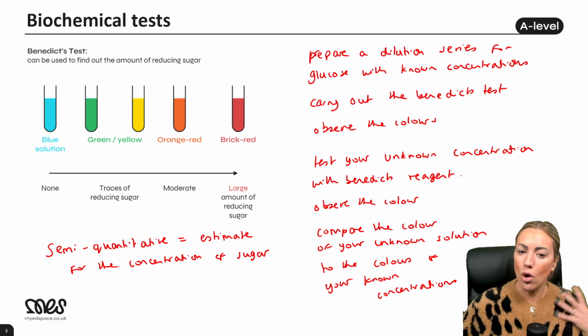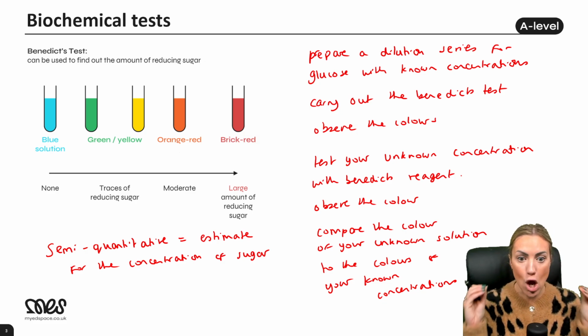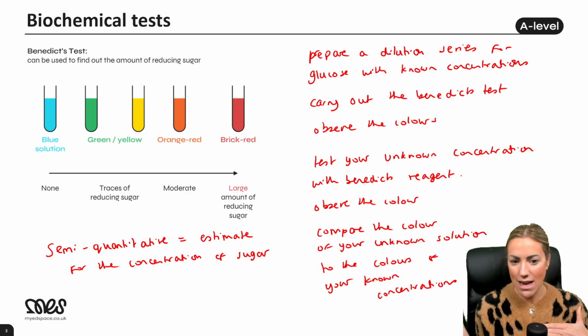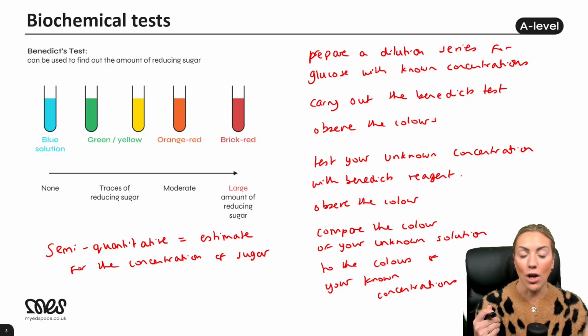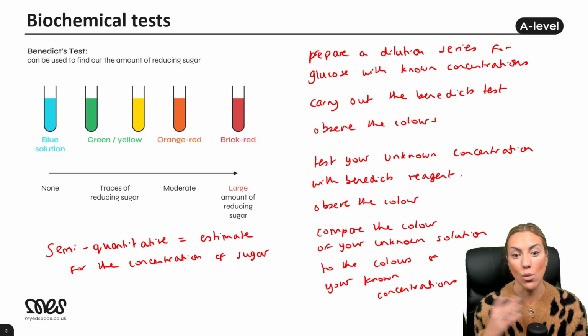Again, this is not quantitative because we are still estimating here. So this is a semi-quantitative measurement where we take a range of known concentrations, carry out the Benedict's test, observe the colours, then carry out the Benedict's test in the exact same way on our unknown concentration so we can compare the colour to our colour standards, if you like.